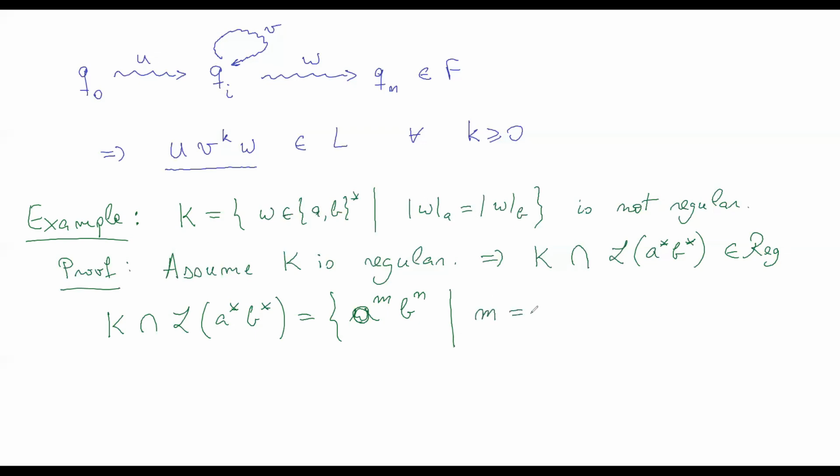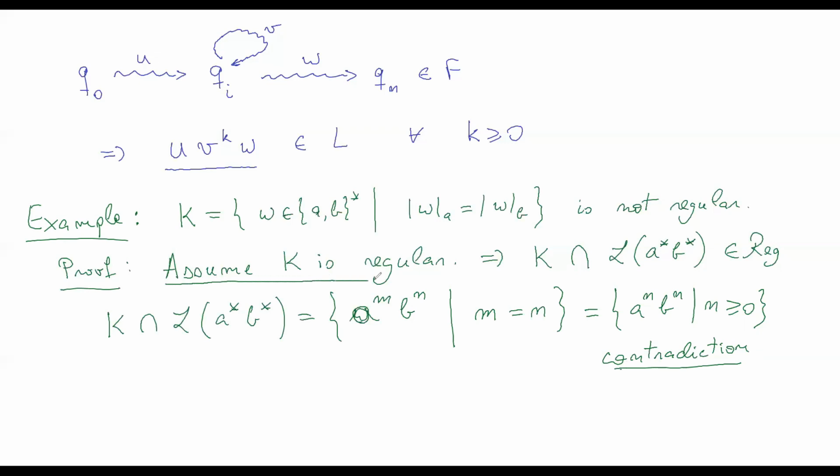So it's with this property, M has to be equal to N. And obviously that's exactly the language A to the power N, B to the power N, with N greater than or equal to 0. And that's a contradiction, because we just proved in this lecture that this language in fact is not regular. So because I have this contradiction, my assumption doesn't hold. So that implies that K is not regular.